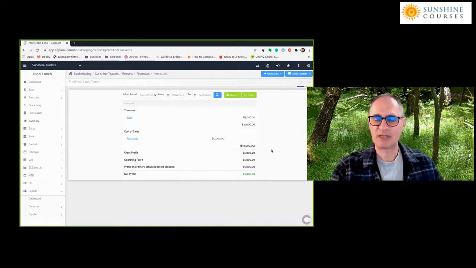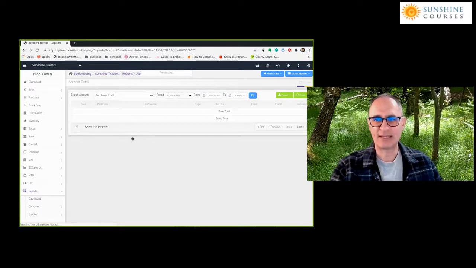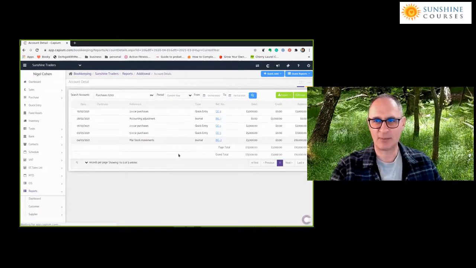Now, just because I want to illustrate a couple of things with the computerized accounting, I'm going to click on the purchases and get the breakdown of how that £10,000 is made up. And here's a number of entries showing how it's made up. It shows the original car purchase through the cash book, and the journal which removed it in February.